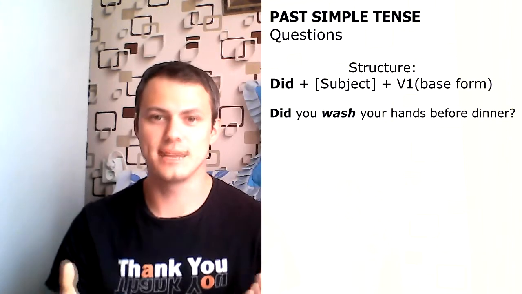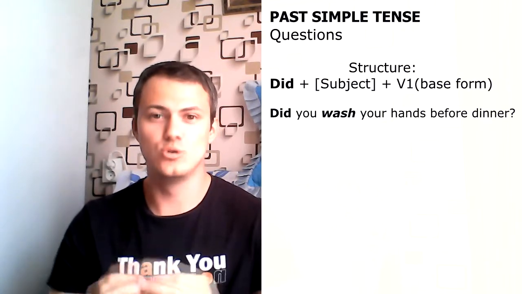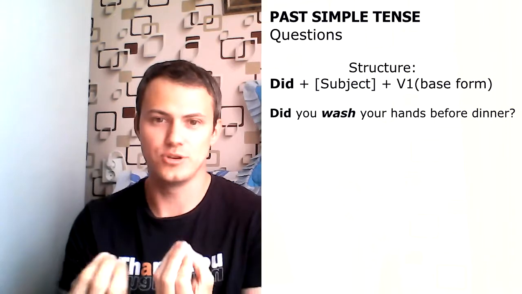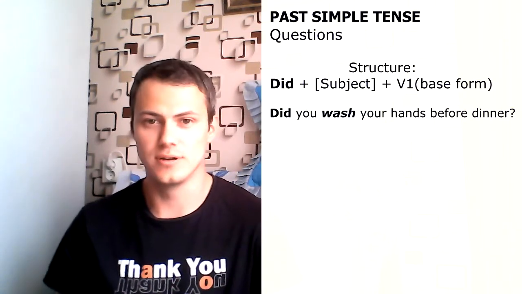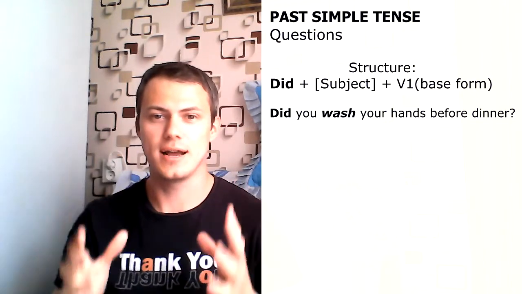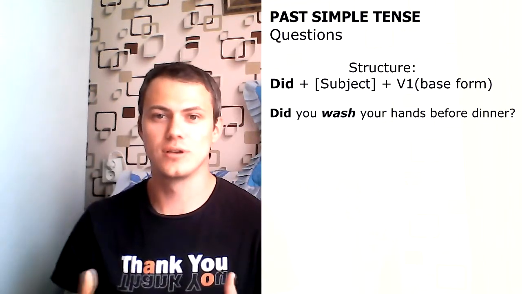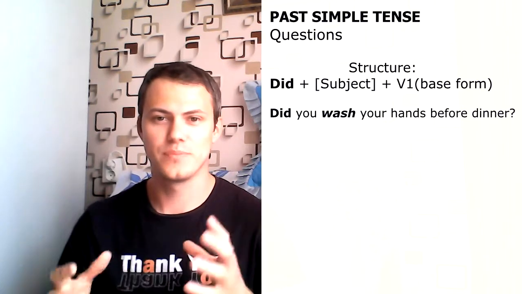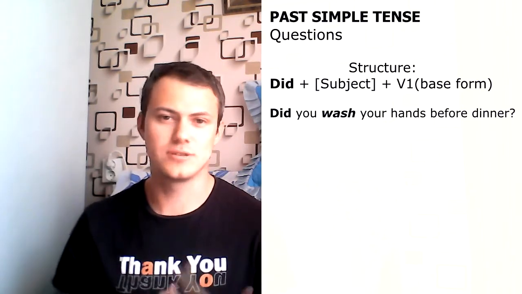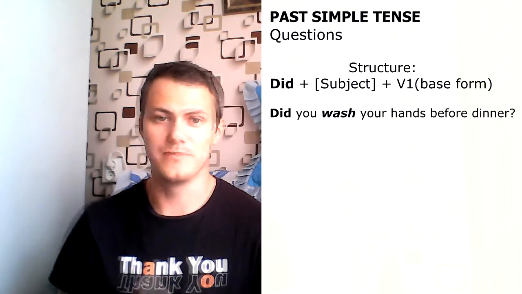Pay attention. Not did you washed your hands. That would be incorrect. That would be wrong. No, we have to use the main verb in its base form, not in the past simple form. One more time.